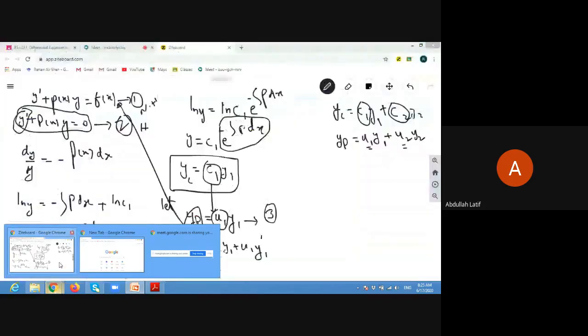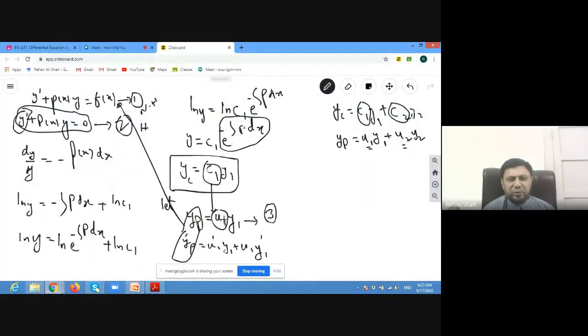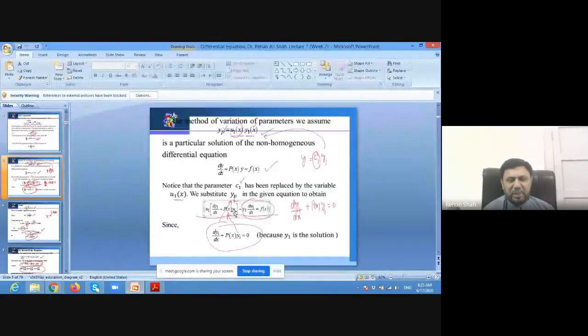So put these two values in equation one and take u1 common. This is u1, this is u1, so these two will become common. As you take common, you will get this equation.